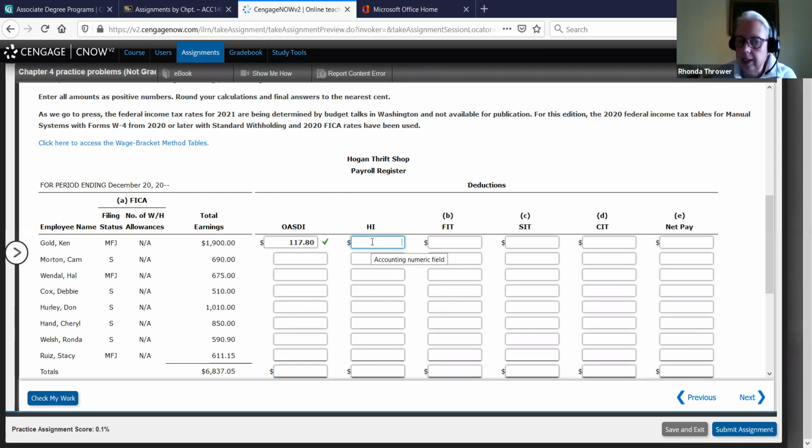I'm going to take $1,900 and multiply it by the tax rate of 0.0145, or 1.45%, for HI. That will give you $27.55.